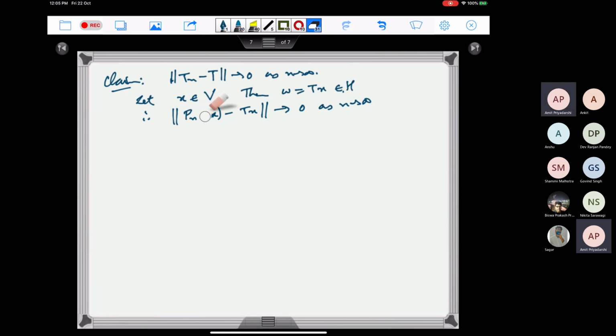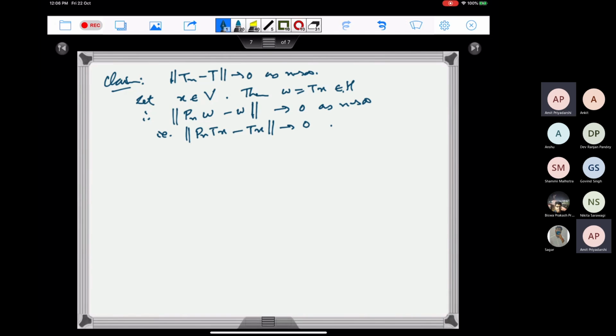So therefore, Pn W minus W, this norm goes to 0 as n goes to infinity. That is Pn of T of x minus Tx. This goes to 0.